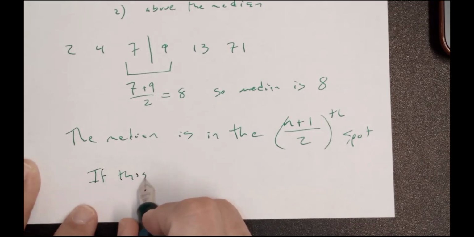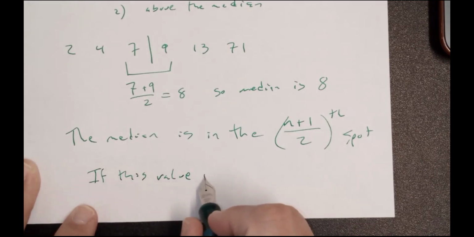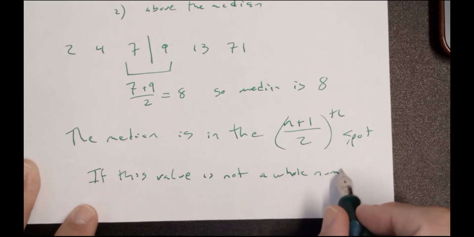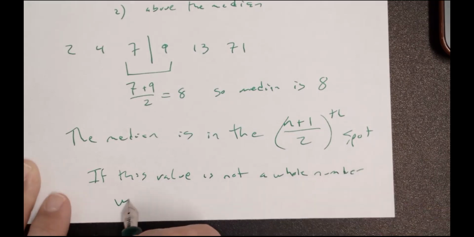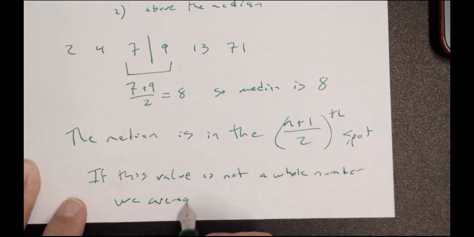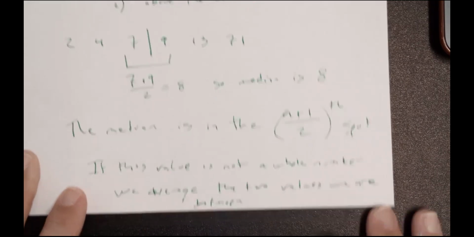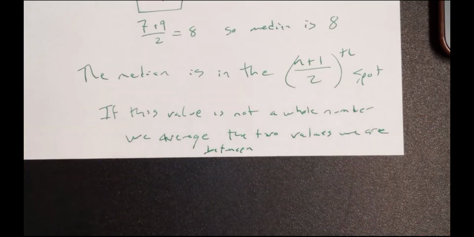If this value is not a whole number, we average the 2 values we are between. So if I get 3.5, then I take the third and the fourth one and average them together.